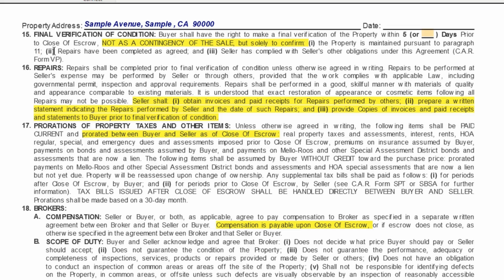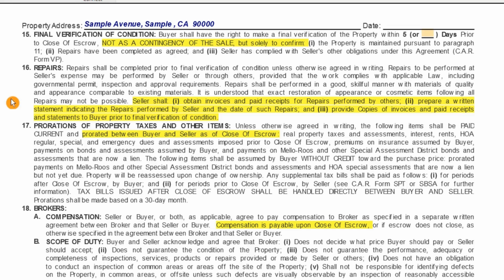Now, it's not a contingency of the sale, but it's to confirm that the property is maintained basically in the same condition that it was when the offer was made, and that repairs have been completed as agreed upon, and that the seller has complied with the other obligations under the agreement.